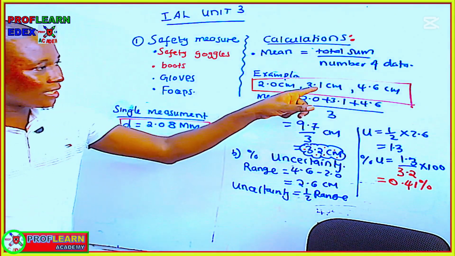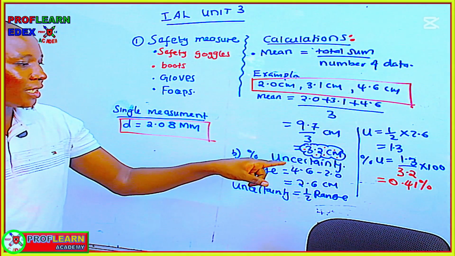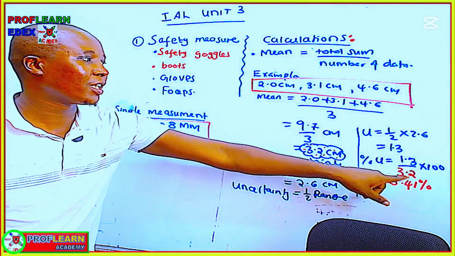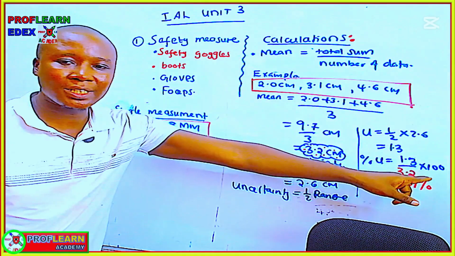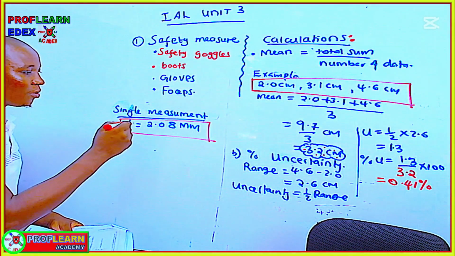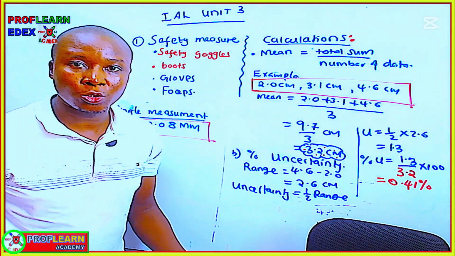Whenever you are given the first one, you have to find the mean, then find the range, divide by 2 to get the uncertainty, then divide that uncertainty by the mean to get the percentage uncertainty. But when you are given a single data value, you are going to use the concept of resolution.